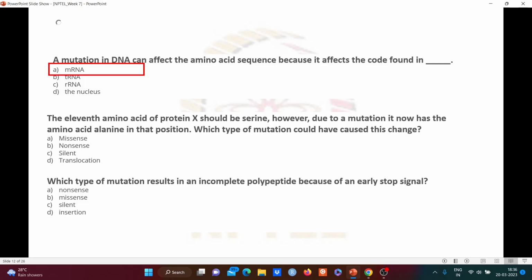So the mutation in DNA will affect the mRNA, which is divided into sets of three nucleotides called codons. These codons will change, so that particular codon will code for a new amino acid, causing a mutation.